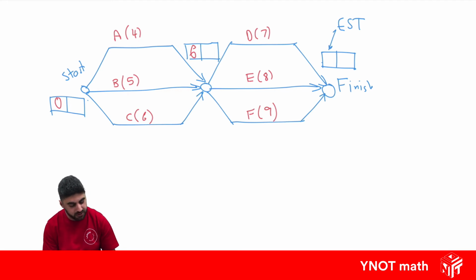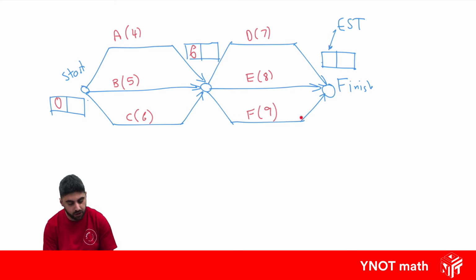And using the same principle to get to here, so if I start this one 6 minutes in, doing D is another 7 minutes, which would take me 13 minutes to finish. And that would be the earlier, but then looking at this one, another 8 minutes, 6 plus 8 gives us 14, and 6 plus 9 is going to give us 15.